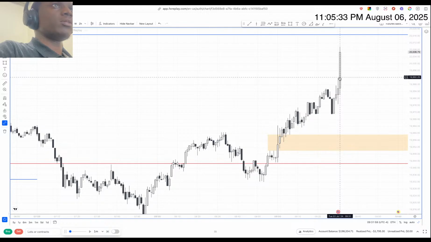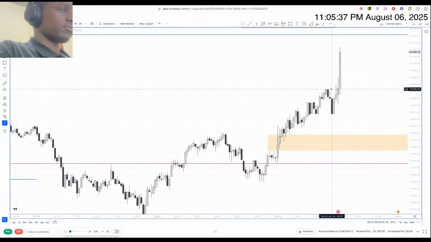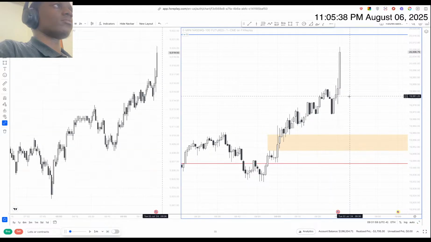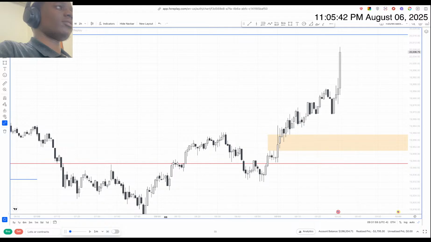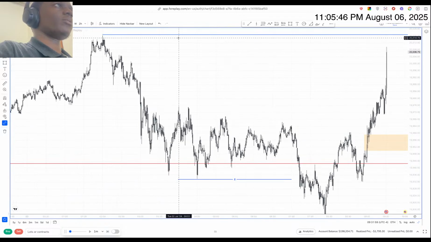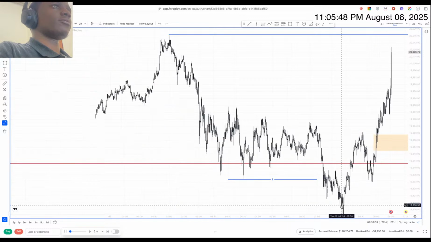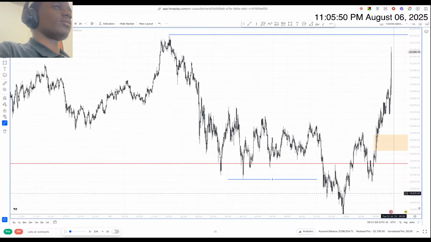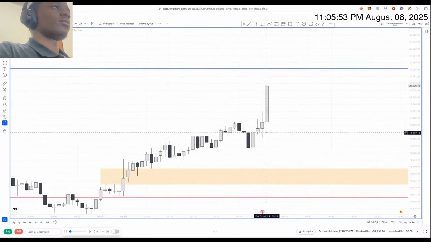It will explode the moment the market opens. And how's the ES here? Those are not behaving that well. So we're about to take out the daily high. Wait, sorry, it's the London high, yeah.